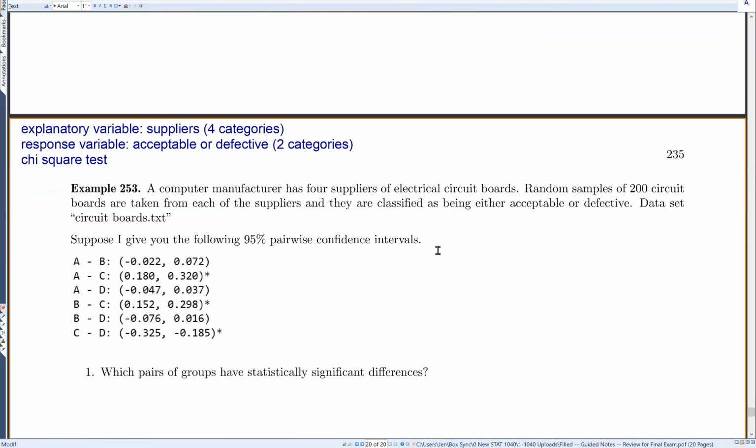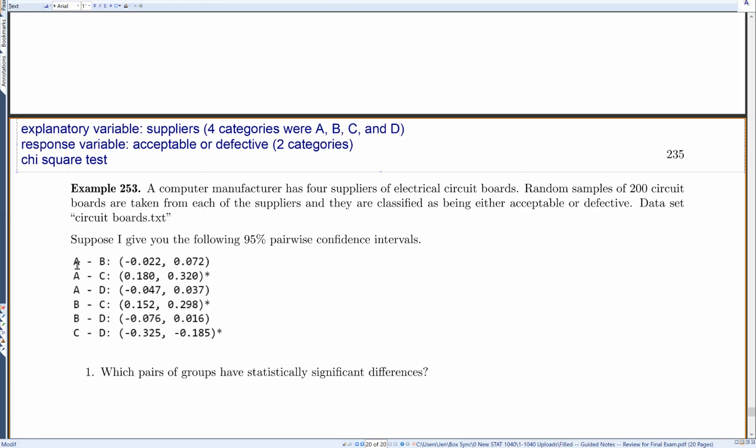Now that we've said all that, they found the 95% pairwise confidence intervals for us. The suppliers were just A, B, C, and D. Not very exciting category names.